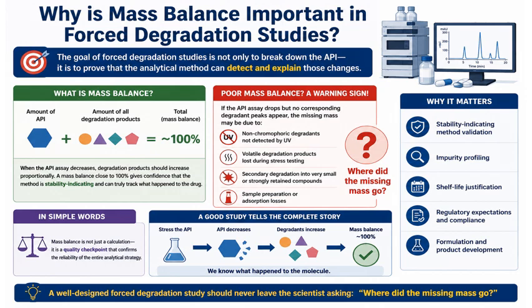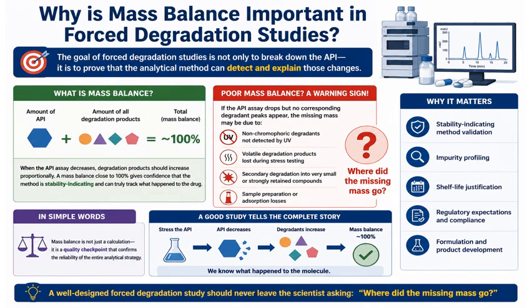The forced degradation study is done to study the degradation pattern of the API. Also it is done for the formulations. Then it is to prove that the analytical method is stability indicating and it can detect the API in the matrix along with the impurities or degradations.